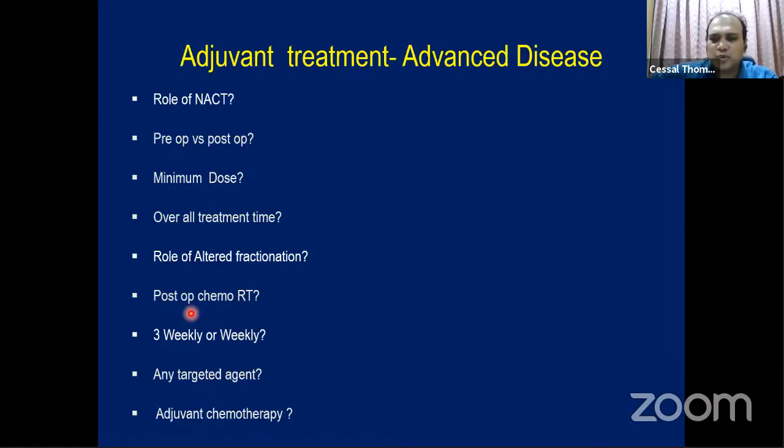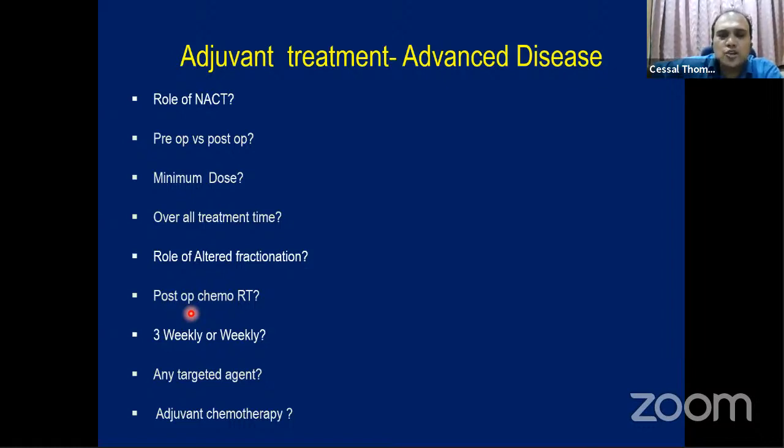So I consider it as post-op chemoradiation comparing 100 versus 30. This paper was published in JCO in the April 2018 issue. It has a very good accompanying editorial, comparing 100 versus 30.